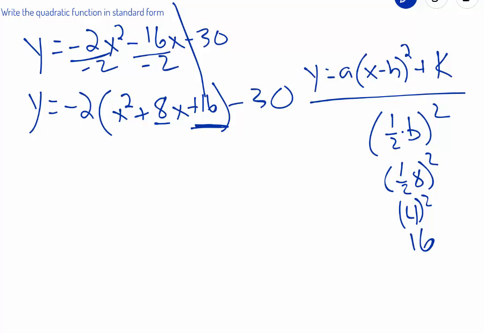Now, when we do that, we have this -2 out in front, and we know this -2 gets multiplied to this entire trinomial. So that -2 does get multiplied to that 16. By adding that 16 there, this is really -2 times 16, and we've added -32 as part of this piece.